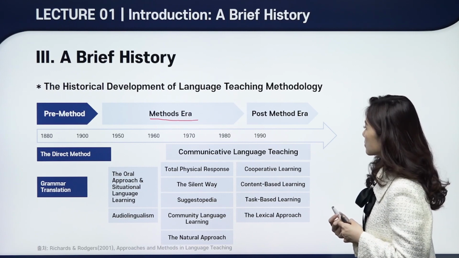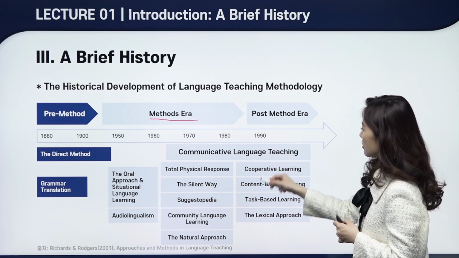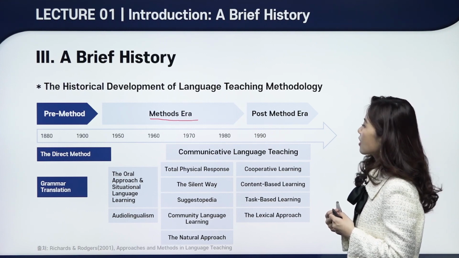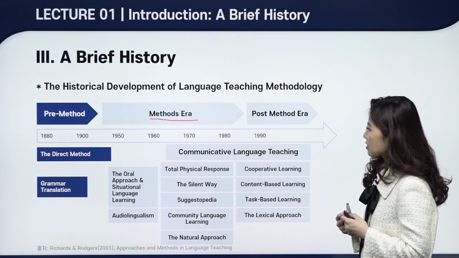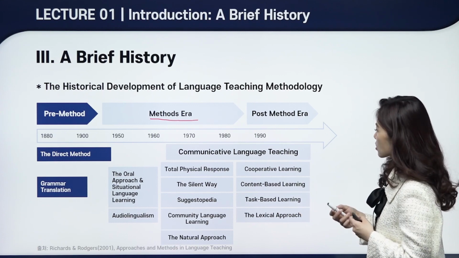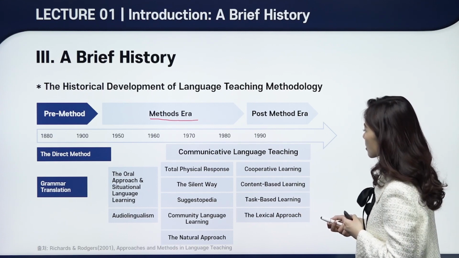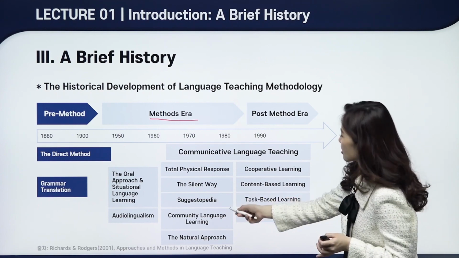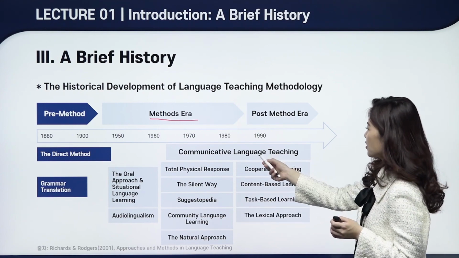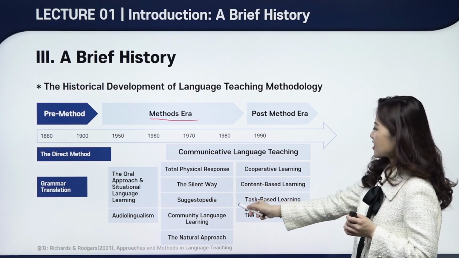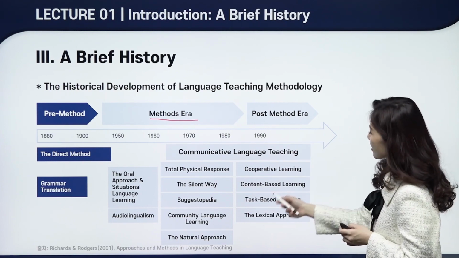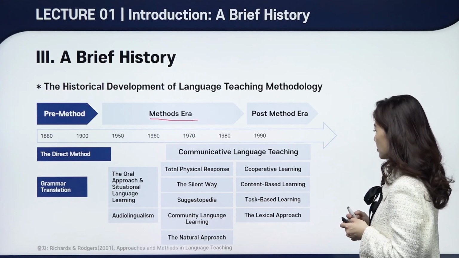And during the methods era, we see different types of methods, as in total physical response, the silent way, suggestopedia, community language learning. It's easy to confuse community language learning with communicative language teaching. So this is CLL, communicative language teaching, CLT. And then there's the natural approach as well.